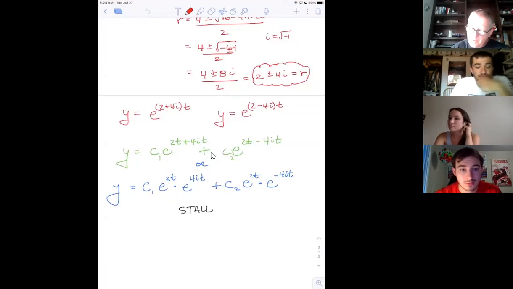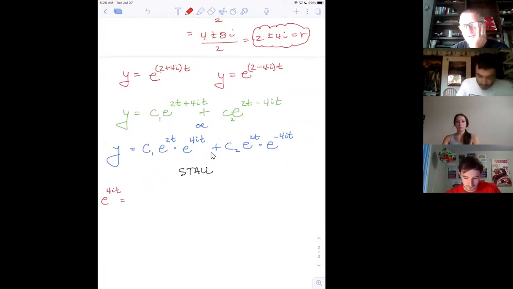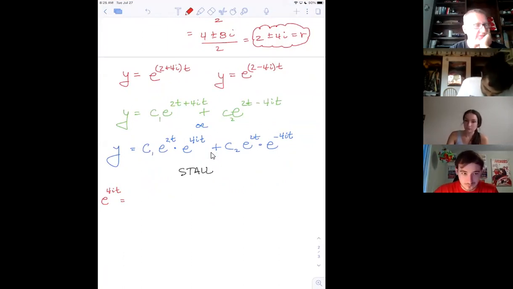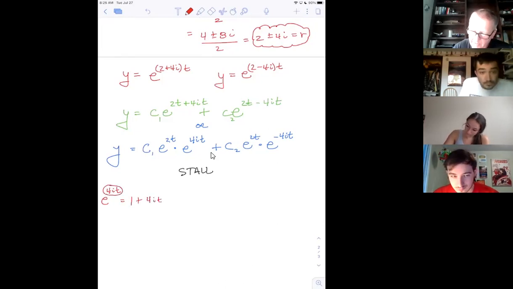So basically what we're seeing then is this e to the 4it right there. We could actually do something with that. So let's think about what this e to the 4it is, based on that Maclaurin series expansion that we just saw. It was first 1 and then plus x. Well, remember this entire thing is our exponent, right? So it's plus 4it.